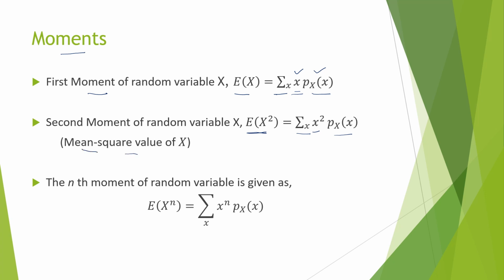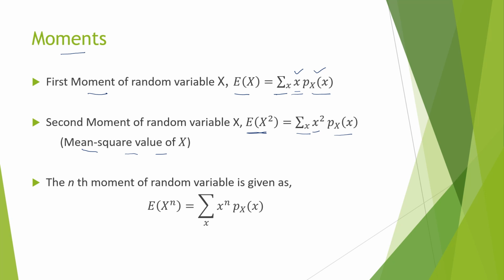It is a very important term used in the literature. These terms, moments, mean square value, expected value, mean value, are all used in the literature. So what we understand here is, the first moment of a random variable is nothing but the expected value, and its definition is sigma x p_X(x). The second moment is E[x square]. If you want the third moment, it is E[x cube] and so on.